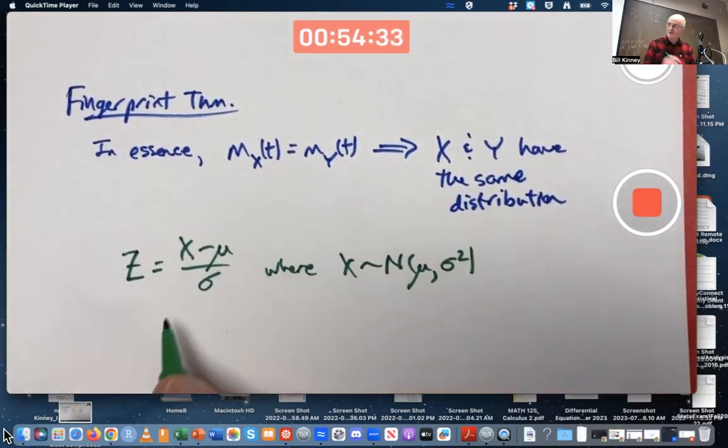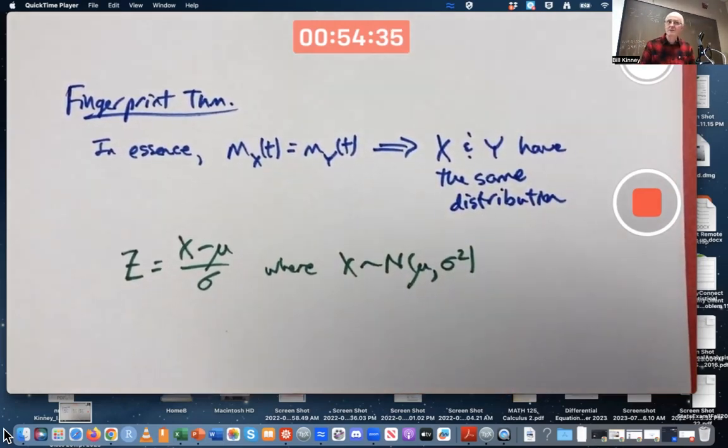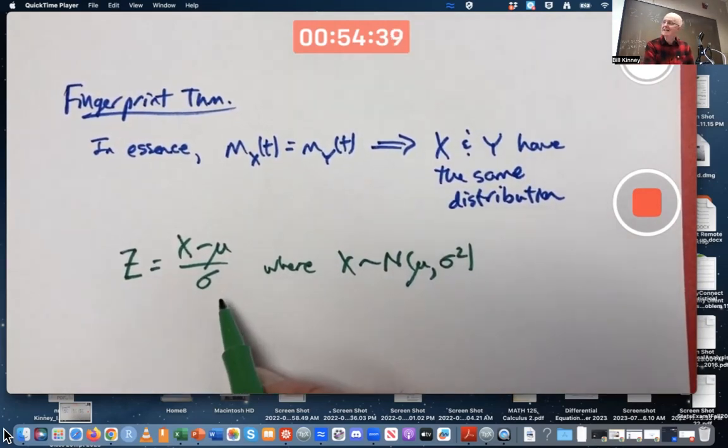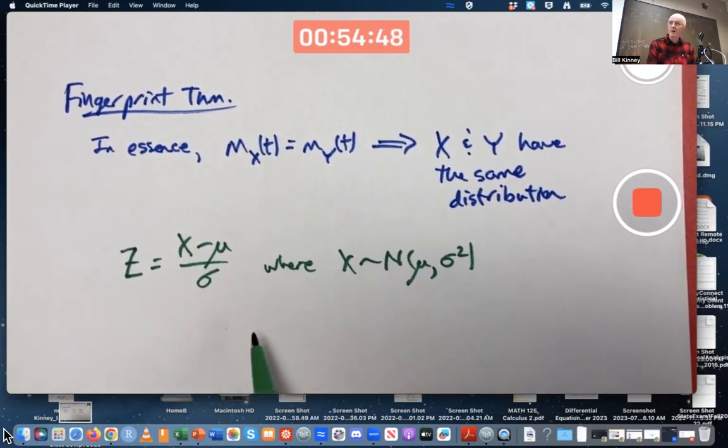This is not X bar, so it's not what Dr. Wetzel was doing earlier, but it's similar. We're subtracting the mean and dividing by a standard deviation. No random sampling here. This is not statistics. I'm wondering what's the distribution of Z.